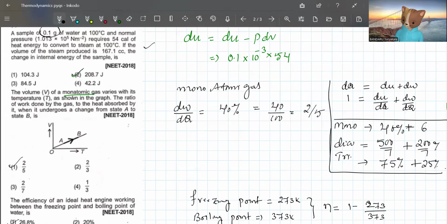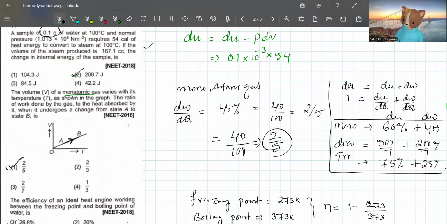They ask what is the ratio of the work done. This is 60, this is 40. This is dU, this is dW. So 40% means 40 by 100. So the answer is 2 by 5.